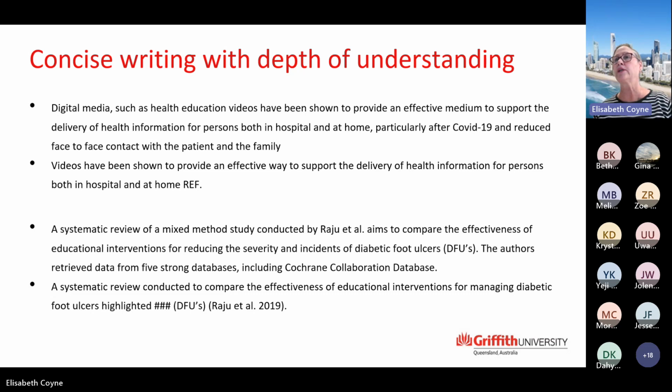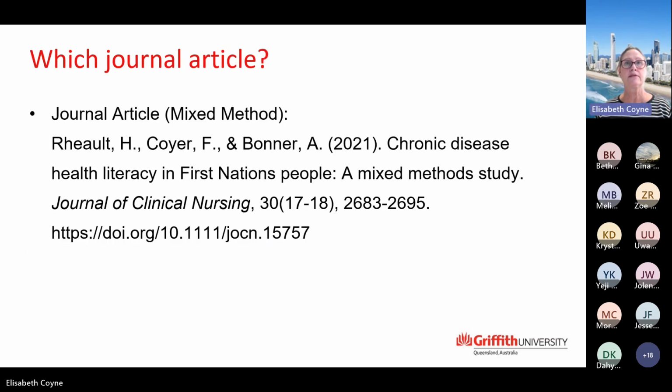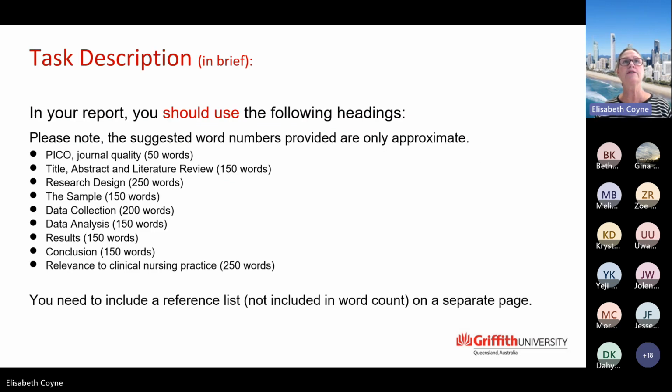Headings are included in the word count. So the first heading could be PICO, then abstract, and then research design or methodology, sample, data collection, so that you can separate and make them smaller headings.